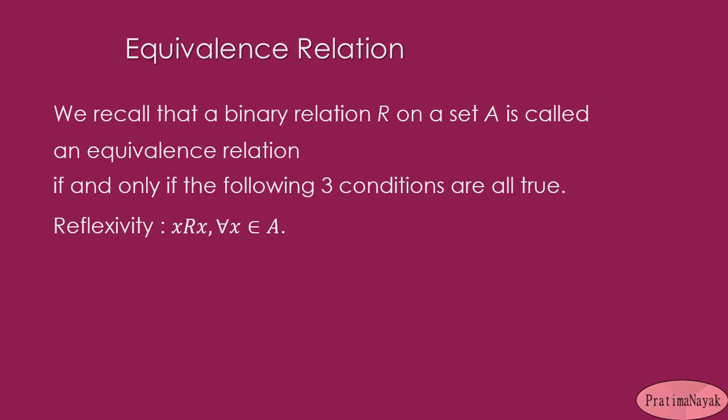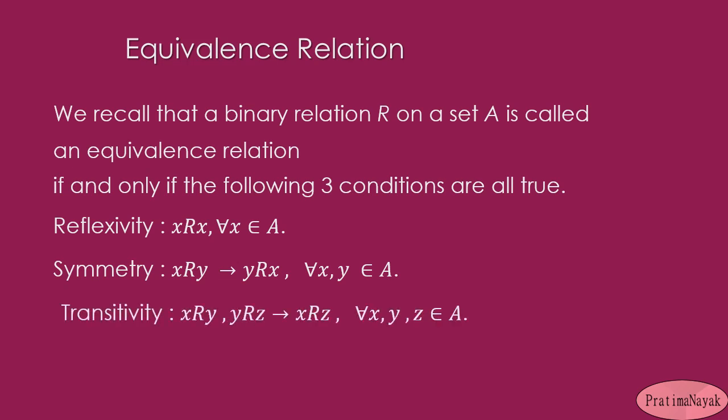Reflexivity: X is related to X for all X belongs to set A. Symmetry: if X is related to Y implies that Y is related to X for all X and Y belongs to set A. Then transitivity: X is related to Y and Y is related to Z implies that X is related to Z for all X, Y, Z belongs to A.